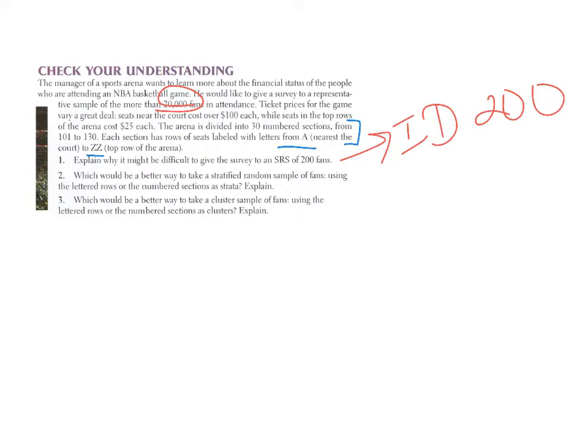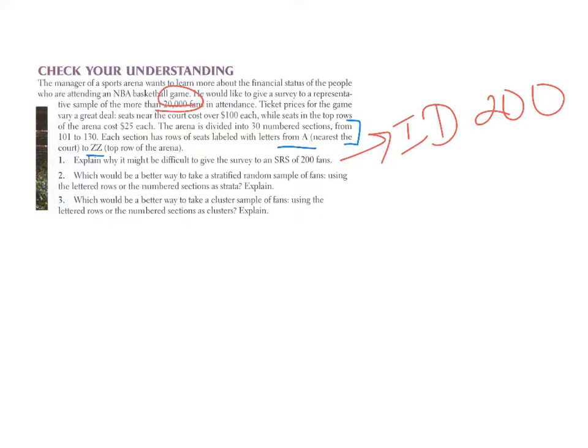Remember, when we create strata, we are looking to create people within the stratum that are very similar to each other, but different from the people in the other strata. We want these different separate groups. So in this case, it would be better to take the lettered rows as your strata.